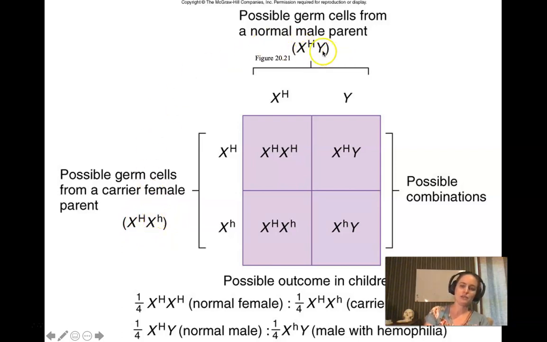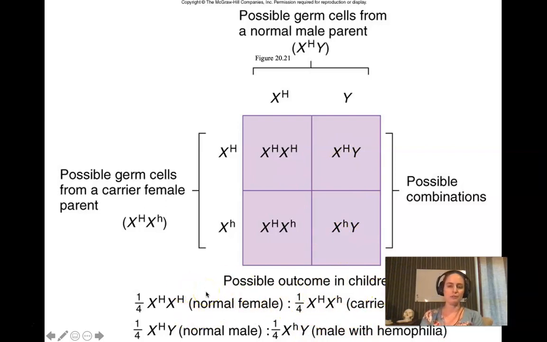Meanwhile, the male is phenotypically normal and has the typical X chromosome, and of course his other chromosome is a Y. So I put this into a Punnett square, and what we end up with is a healthy female and a healthy female carrier. And we end up with, this should be a healthy male, and 25% chance male with hemophilia, 0% chance that we have a female with hemophilia.